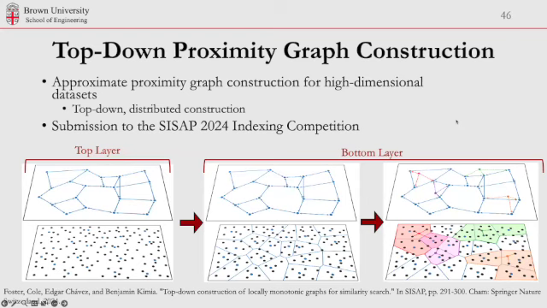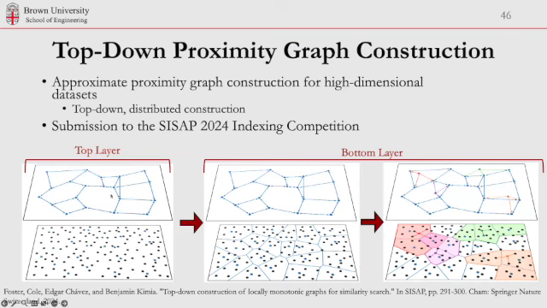I know I'm running out of time, so I'll go through this a little quicker. Another thing that we worked on for this past indexing competition was a top-down distributed construction of proximity graphs. The idea is that we use a top-down construction in order to make it distributed.